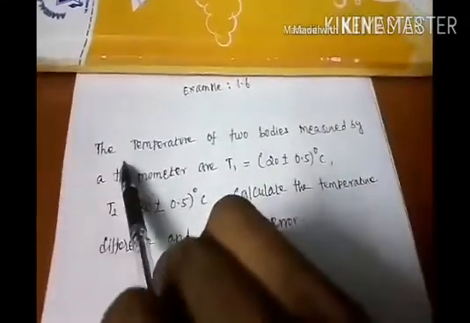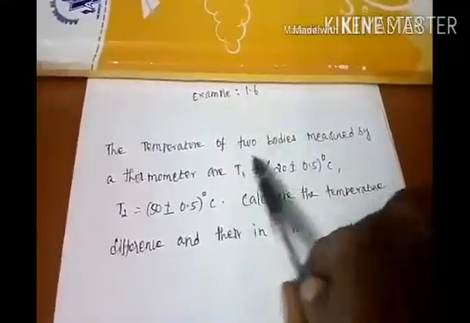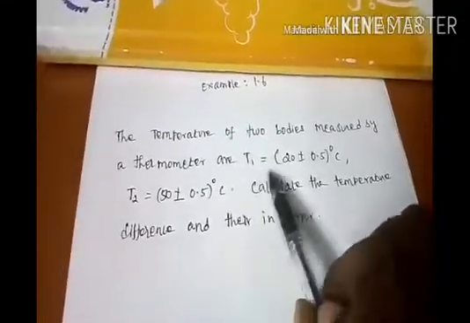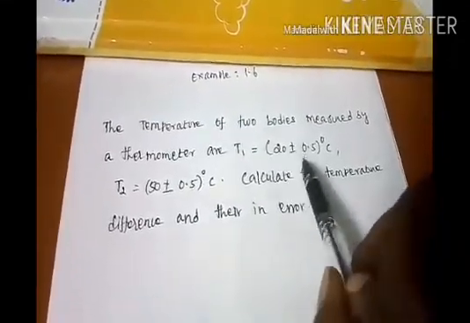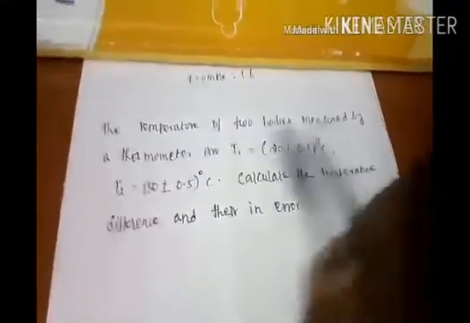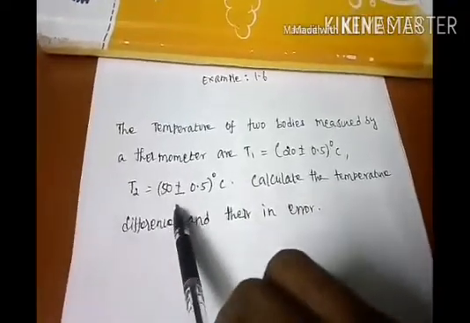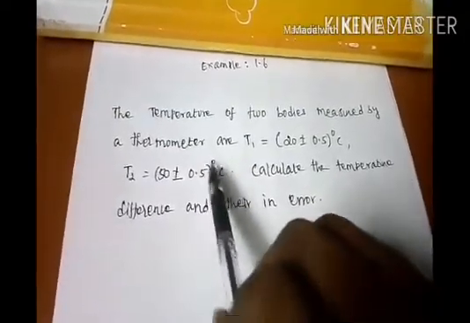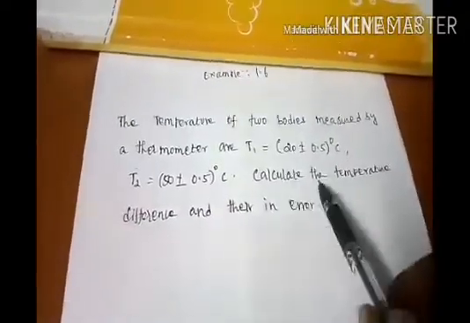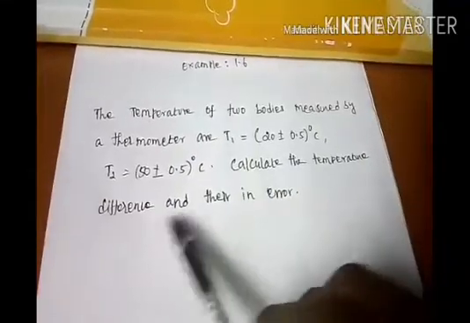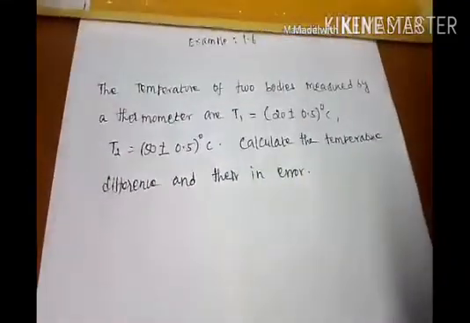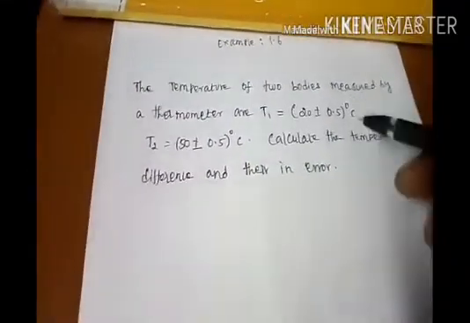In our question, the temperatures of two bodies measured by a thermometer are T1 equal to 20 plus or minus 0.5 degrees Celsius, and T2 equal to 50 plus or minus 0.5 degrees Celsius. Calculate the temperature difference and the error. What is given here?